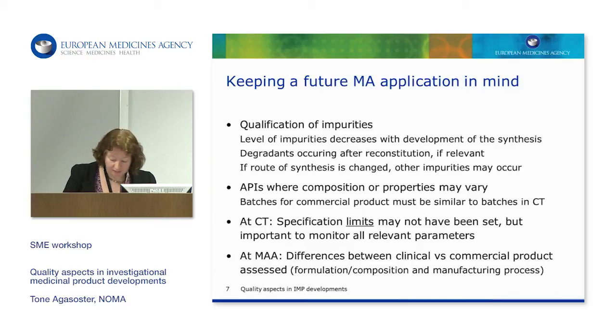In general, significantly fewer details are requested for clinical trials than for a marketing authorization application. But still, it's important to keep a future MA application in mind. I will give some topics here, but I will come back to more detailed examples in the next slides.